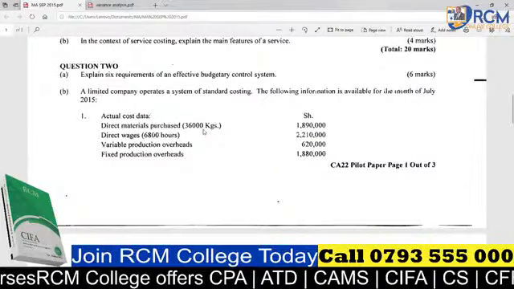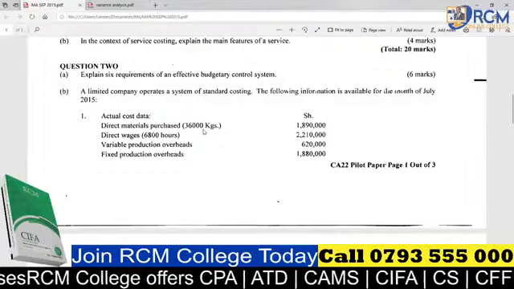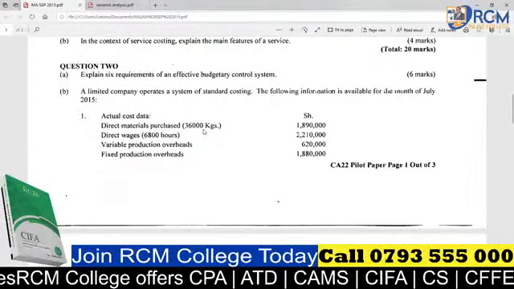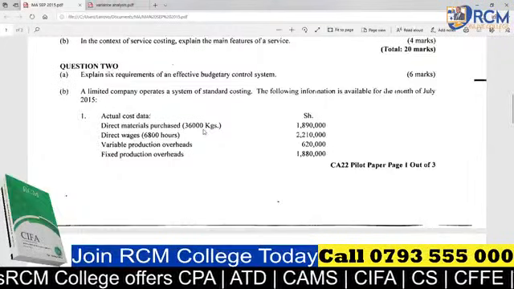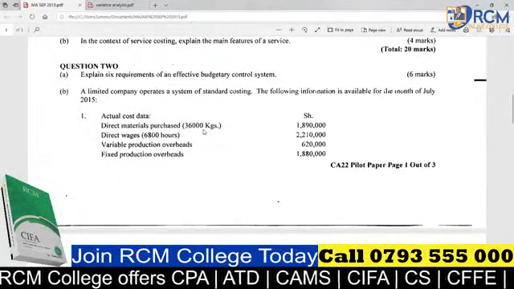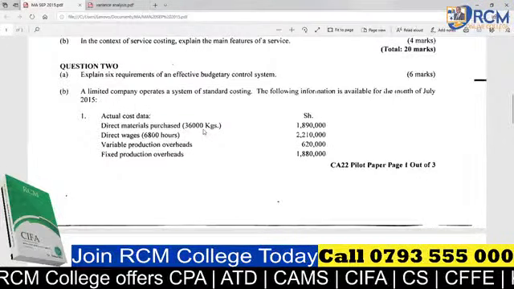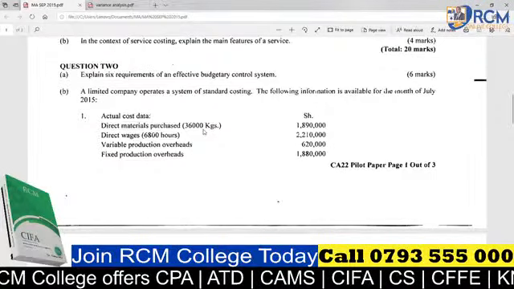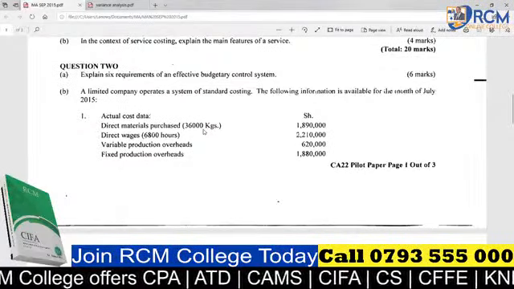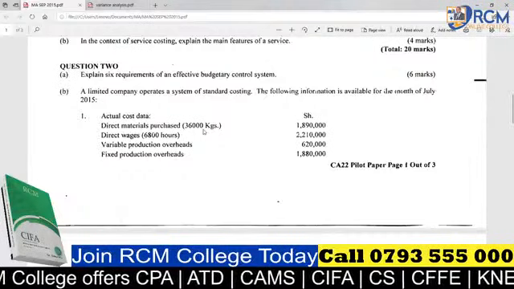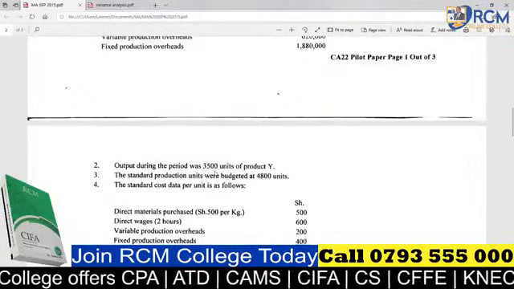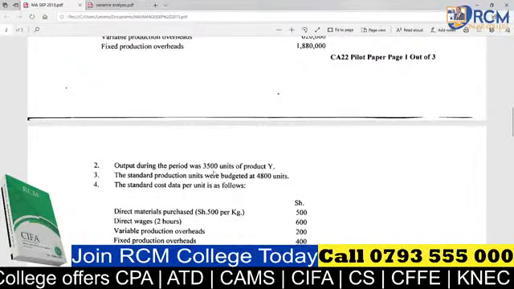Because our material usage variance is standard quantity minus actual quantity multiplied by what here, somebody? Standard price. You can't tell me that you are budgeting to use 3,500, the output there was 3,500.